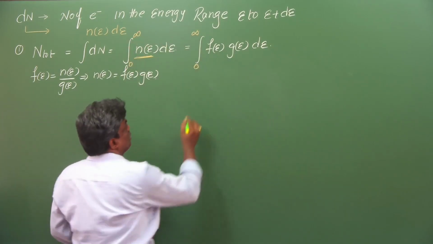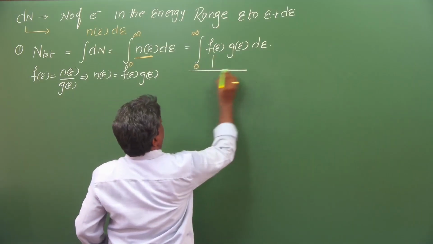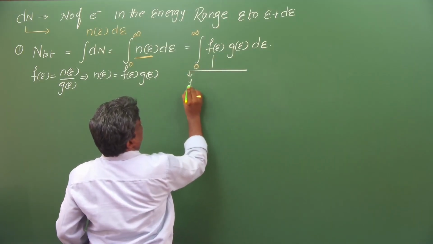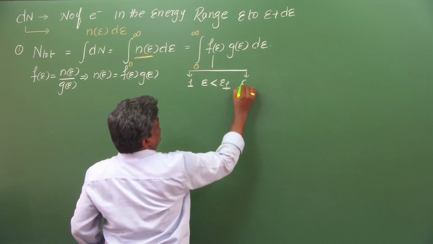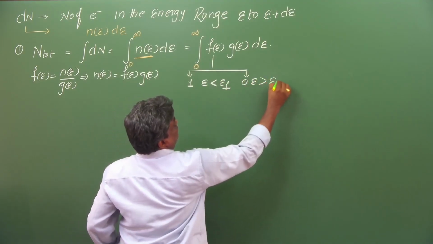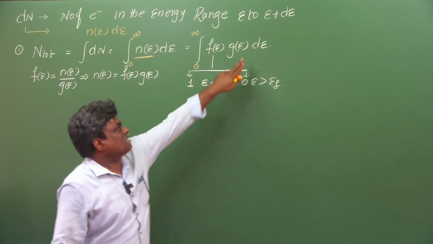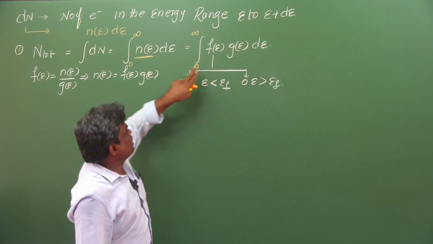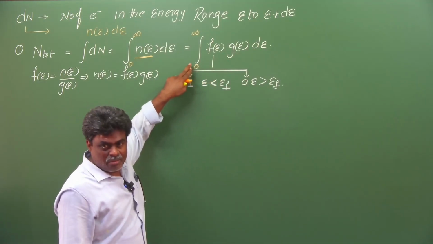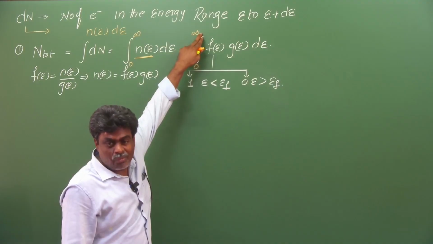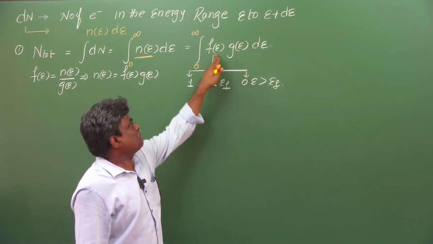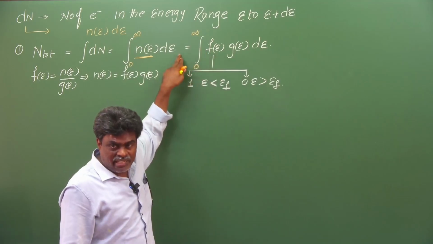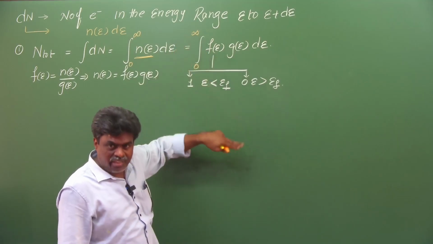Your distribution function f of E equals 1 for energy less than EF, and 0 beyond. Because the variable is energy and the limits are energy only, you cannot take 0 to infinity. Up to the Fermi level it is 1, beyond the Fermi level it is 0. Split the integral, 0 to EF and EF to infinity.